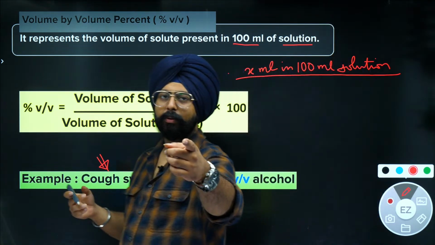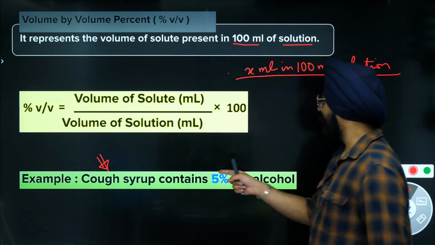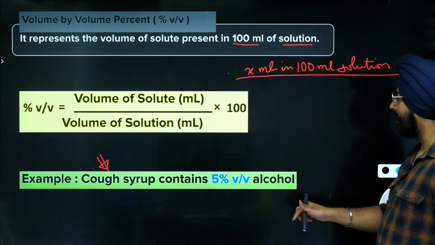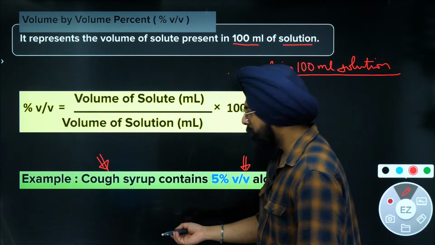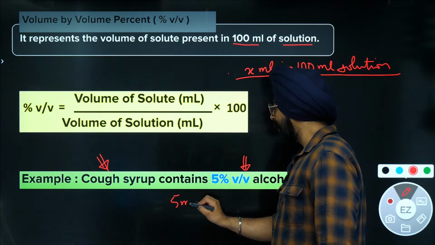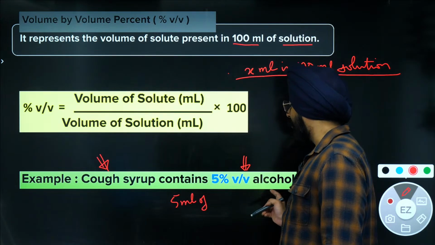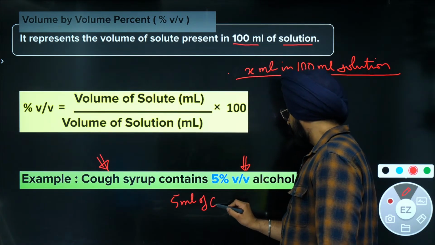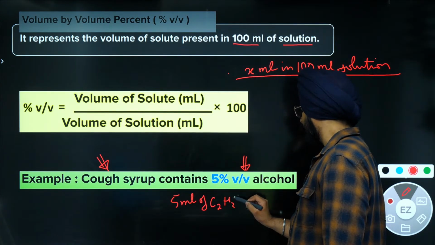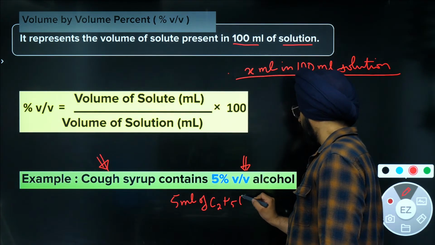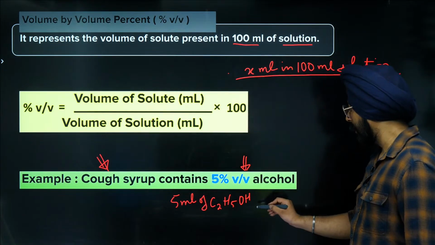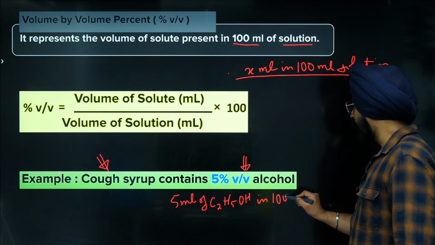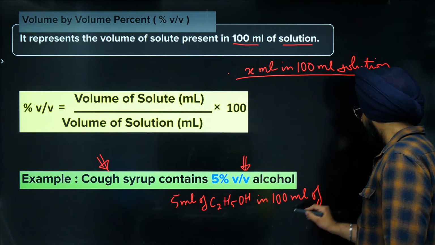You were giving me the example of cough syrup, right? Cough syrup contains 5% volume by volume alcohol. This V by V is very important over here. This means that I have 5 milliliters of alcohol, which is generally C2H5OH, in 100 milliliters of cough syrup.